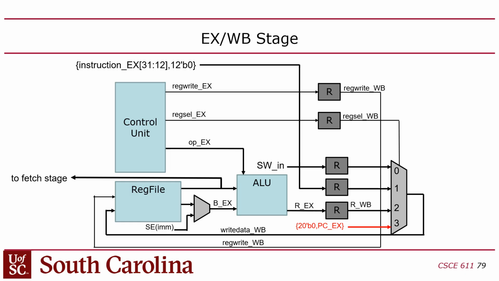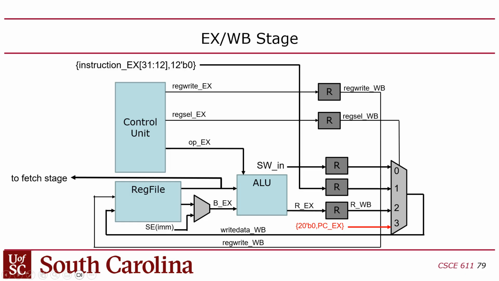So remember, you have program counter fetch, and there's a 1 cycle delay where that moves into program counter EX. In other words, when the fall through instruction, which is stalled, is in the execute stage, its program counter is going to be written into the register file when the jump is in the write back stage, which is why the PCEX is being routed in here. Now you might say, that looks weird, because everything else going in here is a write back signal except for the program counter EX.